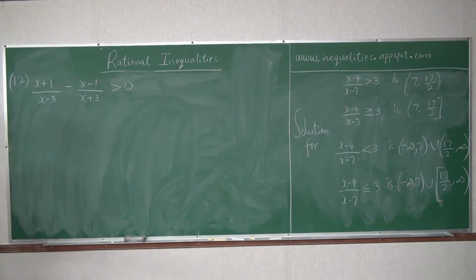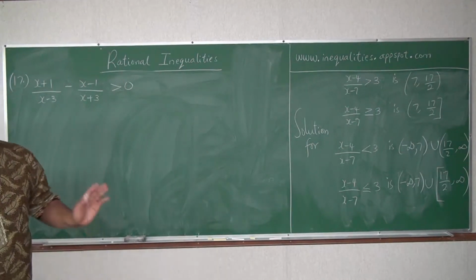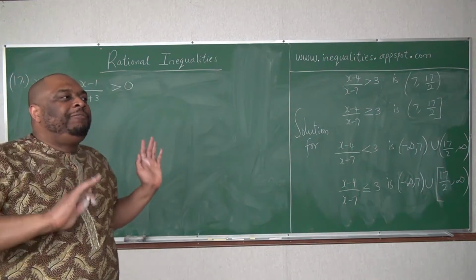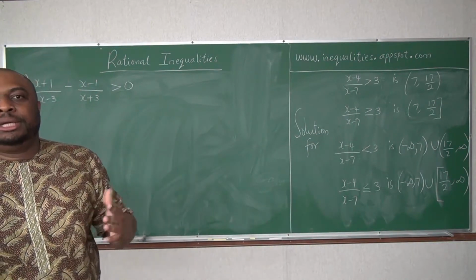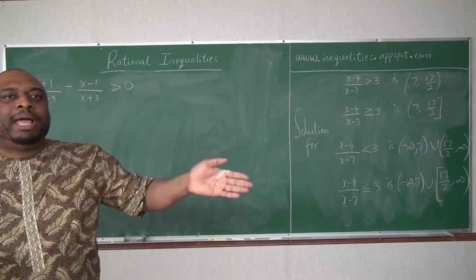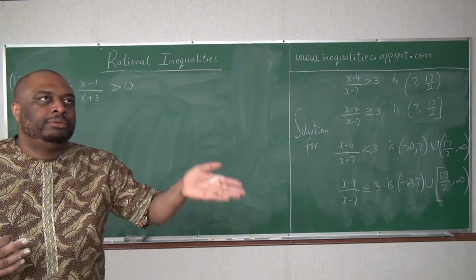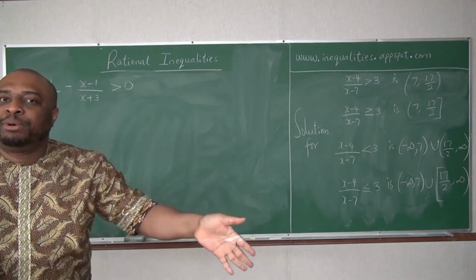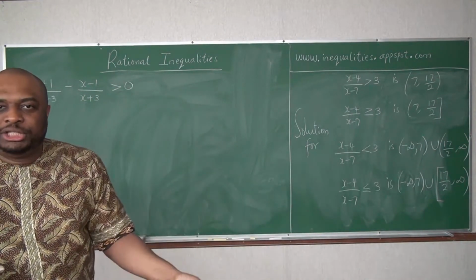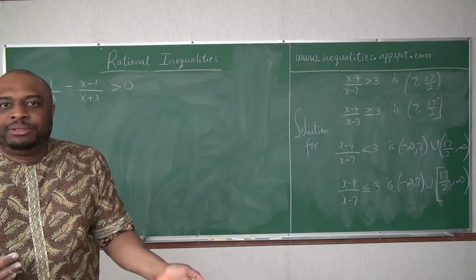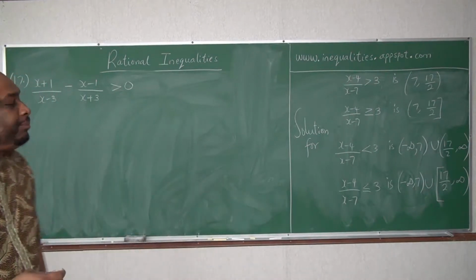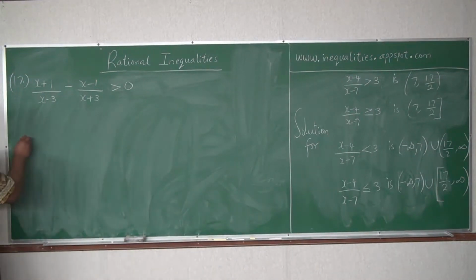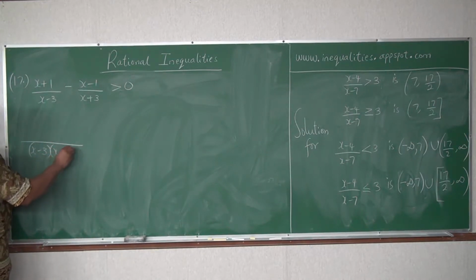Like I said earlier in the part 1 video, if you don't know how to simplify rational expressions, please go to my website and view the videos on rational expressions and rational equations. Very important. Here the LCD is x minus 3 times x plus 3.